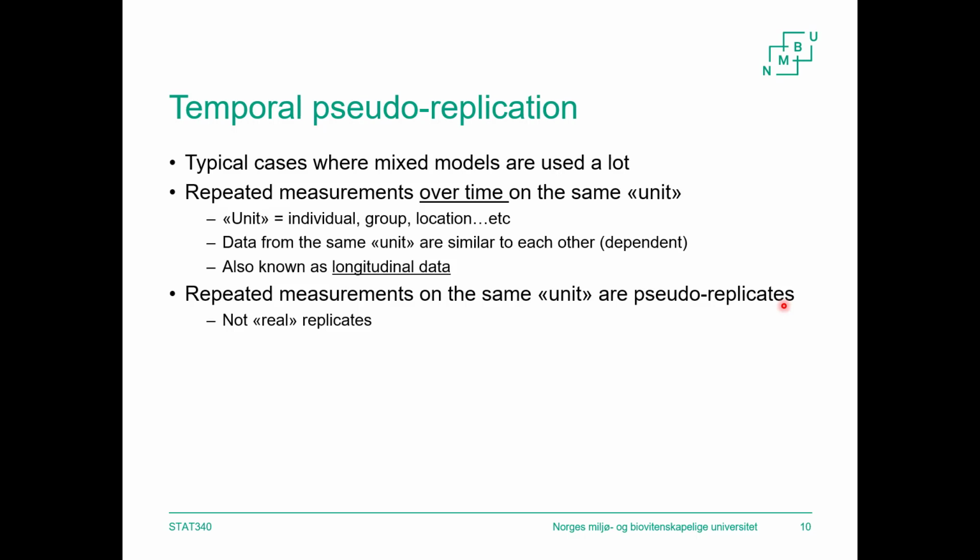Another way of approaching this would be to, instead of measuring 100 girls and 100 boys, take 10 girls and 10 boys and then measure each girl and boy 10 times. Then you also get the same number of measurements, 200 measurements, right?